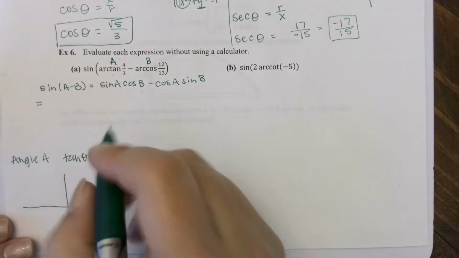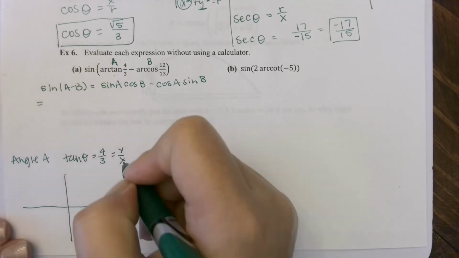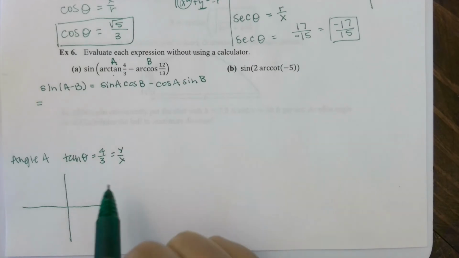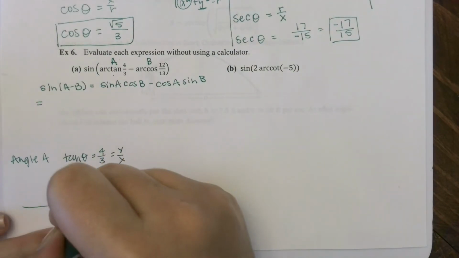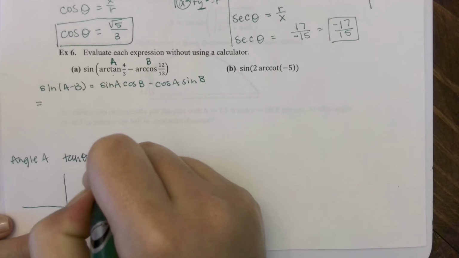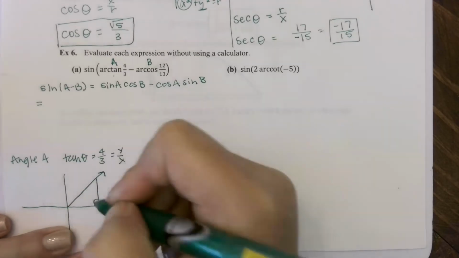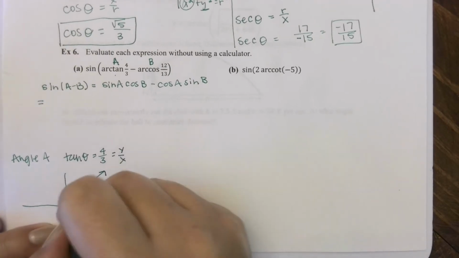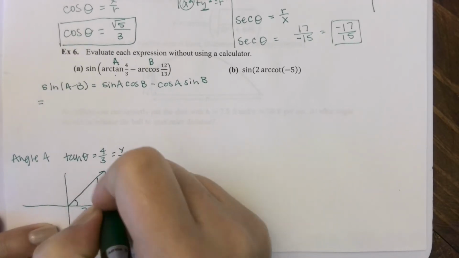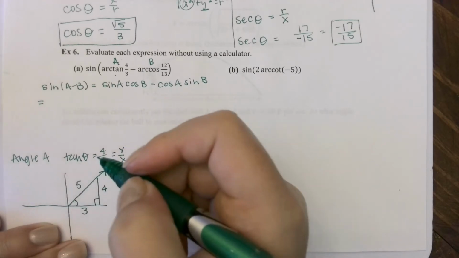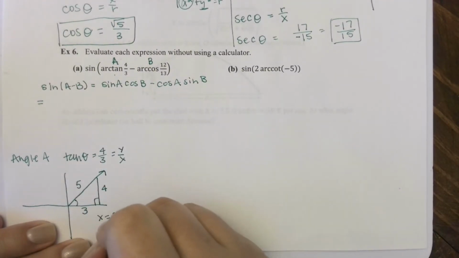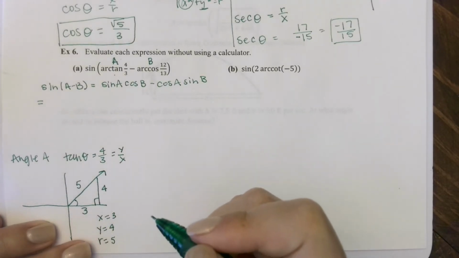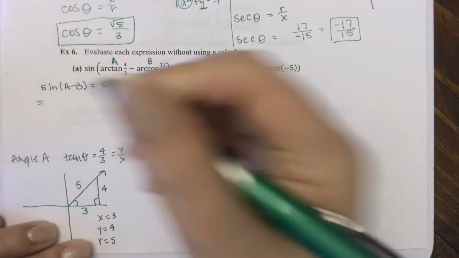So tan theta equals 4 over 3, and we know that is y over x. Because 4 over 3 is positive, that means that we are in quadrant 1. So y is 4, x is 3, and then if I do the Pythagorean theorem, I get r is 5. So x is 3, y is 4, r is 5. So that's angle A.